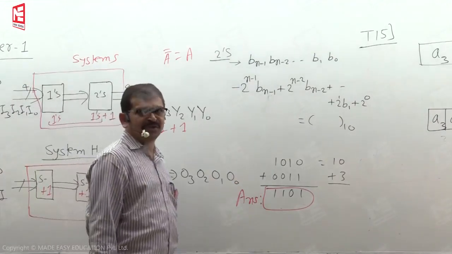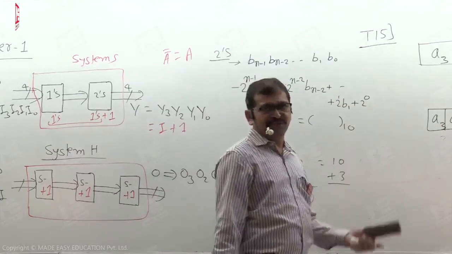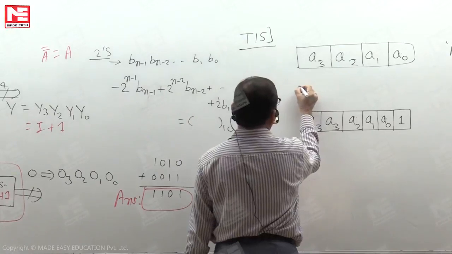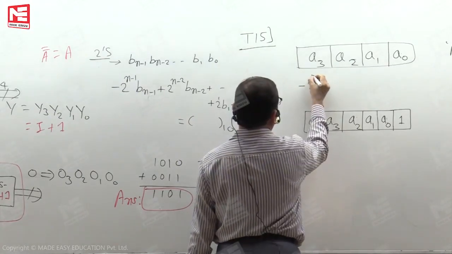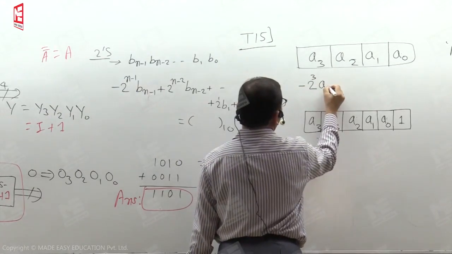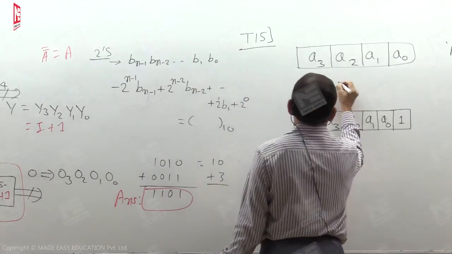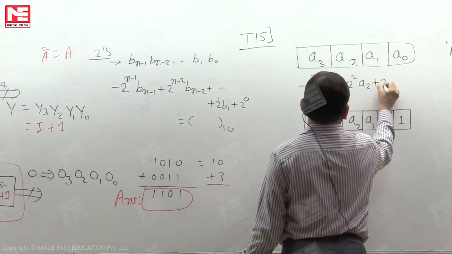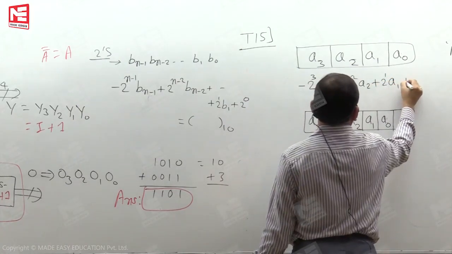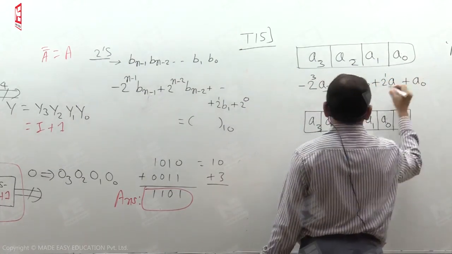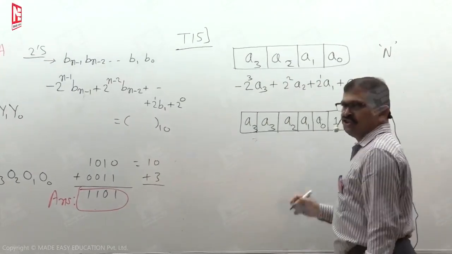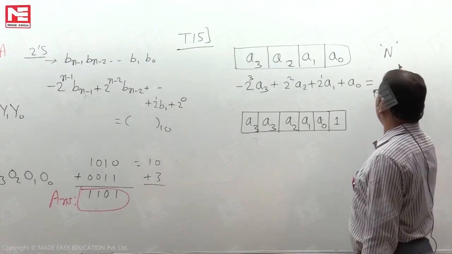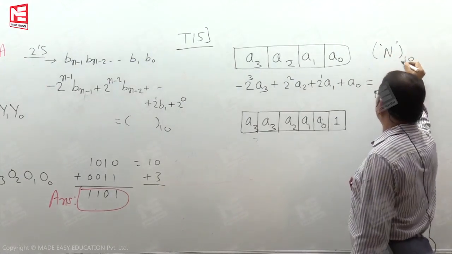Applying it here, this will be minus 2 to the power of 3 A3, plus 2 to the power of 2 A2, plus 2 to the power of 1 A1, plus A0. This is equal to the integer n, which by default is a decimal n.